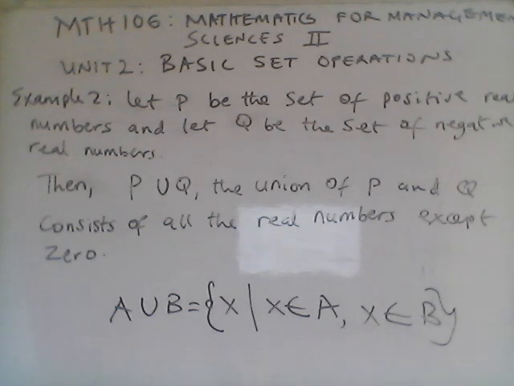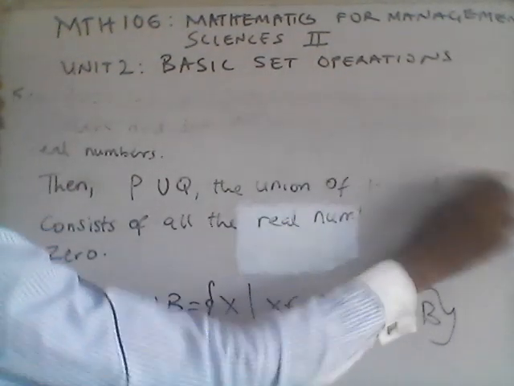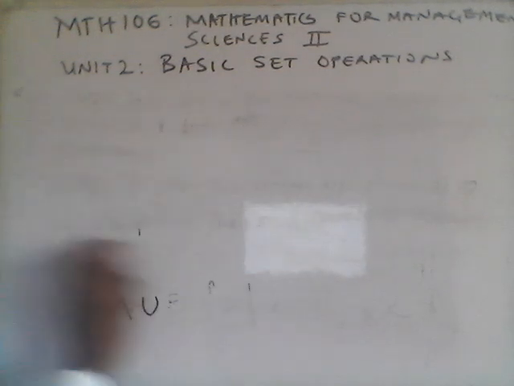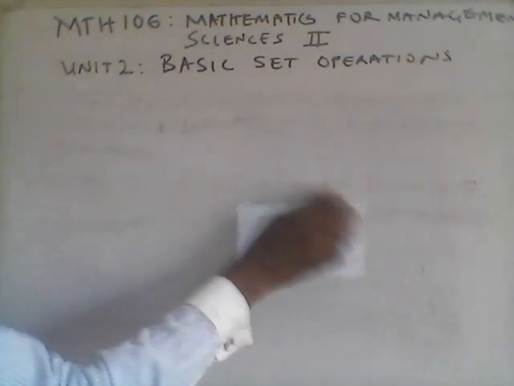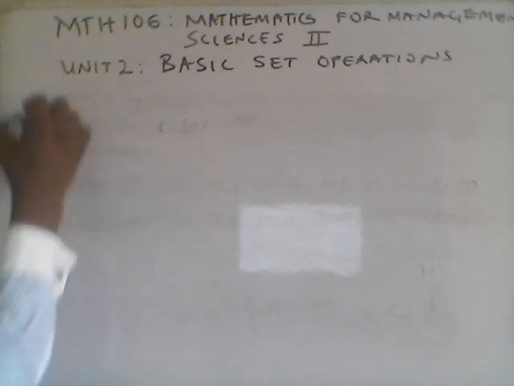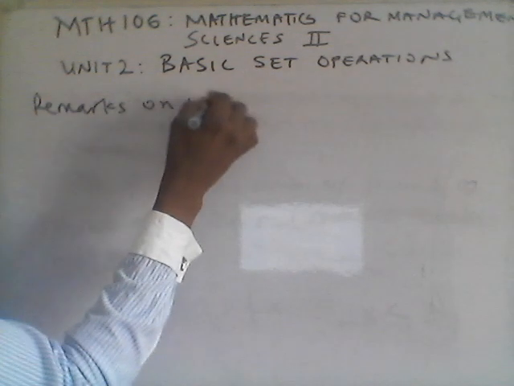Okay, so we'll go ahead and make two deductions from this subtopic, that is the operation union. I want to make two remarks quickly, so that when you see it in your objective, you'll be able to know what it means. So, remarks on union operation.